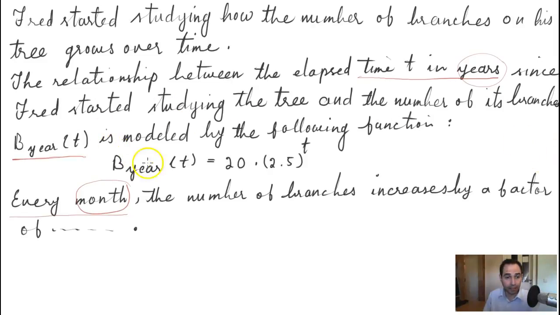So basically, again, you have a function here, b of year of t, which is equal to 20 times 2.5 raised to the power t.